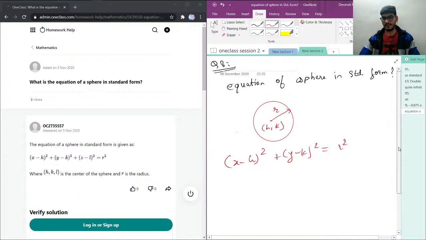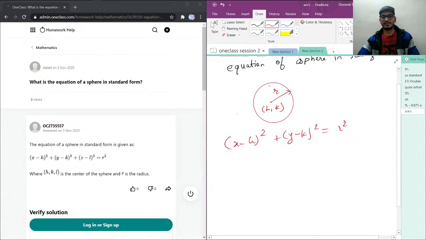Now a sphere is a three-dimensional body, so let's just say there is one more dimension like this, and in the z direction we have the coordinate. So my center coordinate is not only going to be h comma k. h was for x, k was for y, and for z I have l.